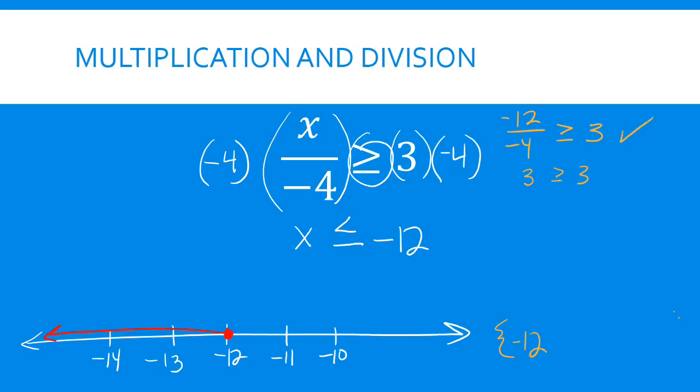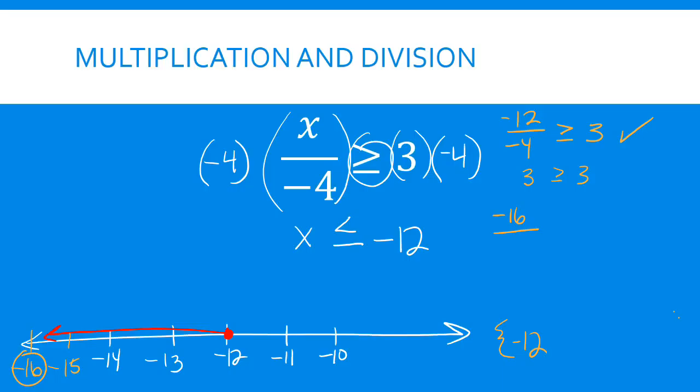So -12 checks out. Now let's pick a nice round number just for the sake of this video. We know that if this number line continues, we do -15, -16, and so on. Actually, let's try -16 because this would be a nice round number to use.